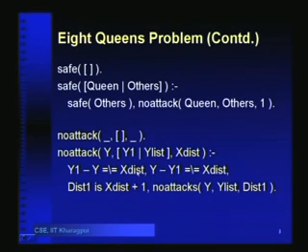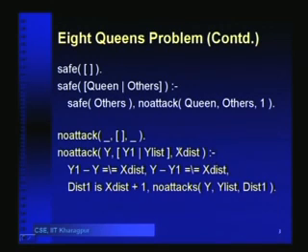So, one is the positive diagonal, one is the negative diagonal, right, and then we also need to check that it does not attack any of the queens to the right of the column y plus x dist, right. So, dist 1 is x dist plus 1, and recursively check that y, this fellow, does not attack the column at dist 1.